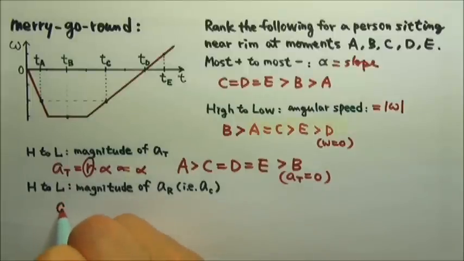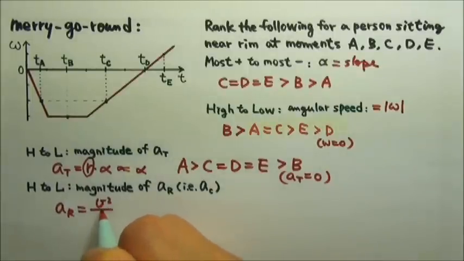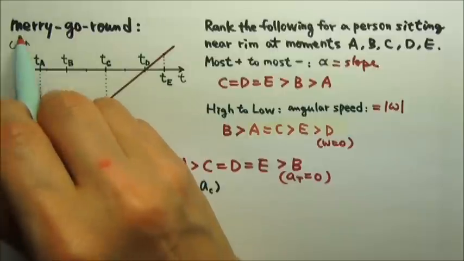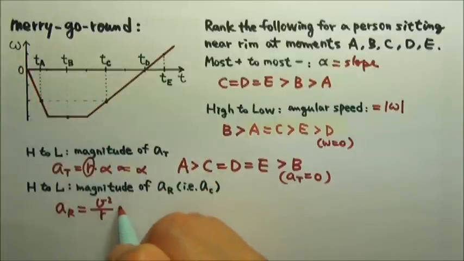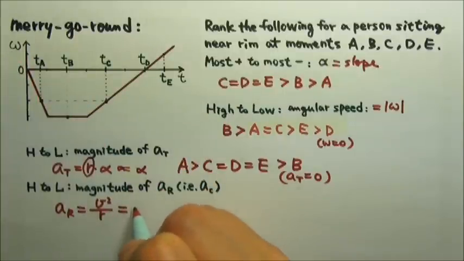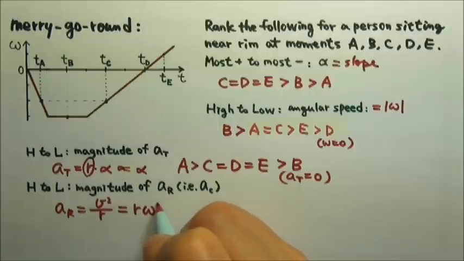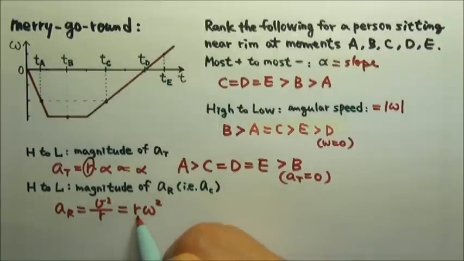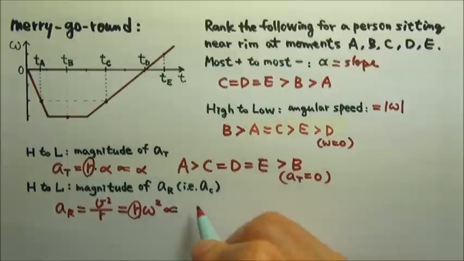The radial or centripetal acceleration is v squared over r. But since now we have omega, it's easier to use the other one, r times omega squared. Again, r is a constant, so the radial acceleration is proportional to omega squared.